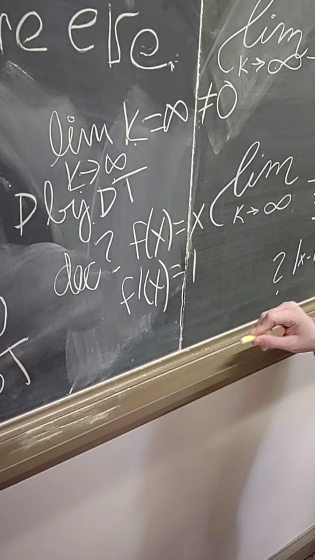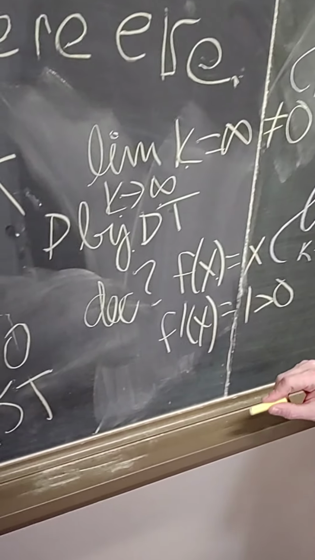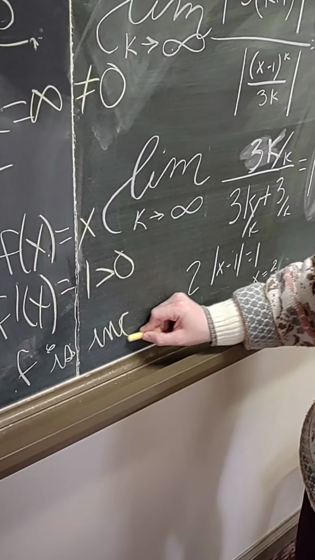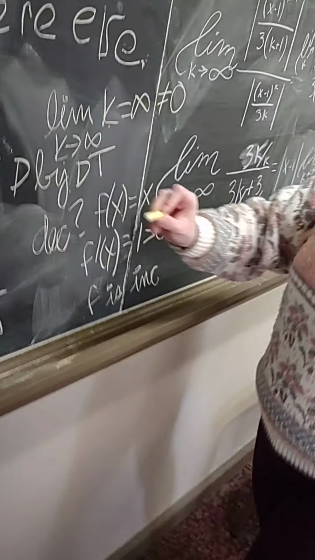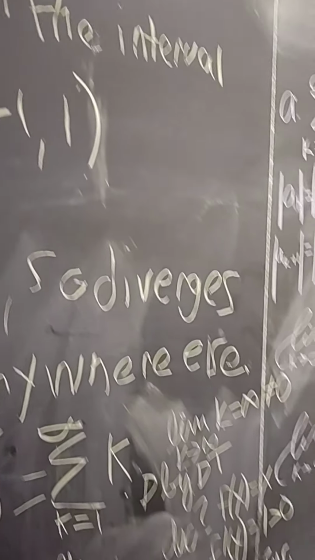Positive or negative? Positive. So this function is increasing. So it diverges by the alternating series test. Which means you also need an open interval here. Now you can stop.